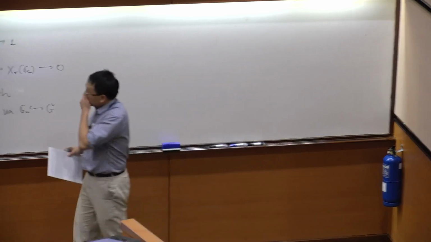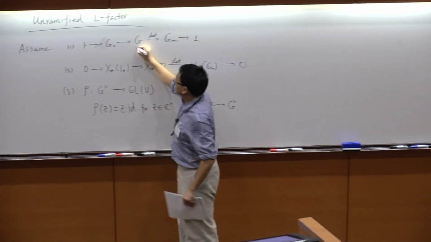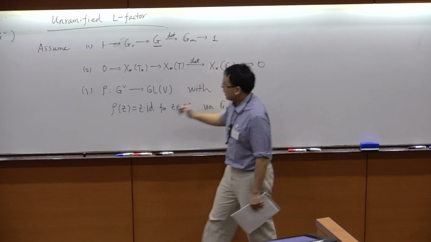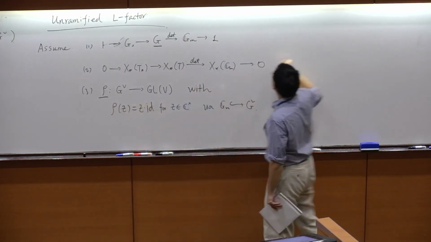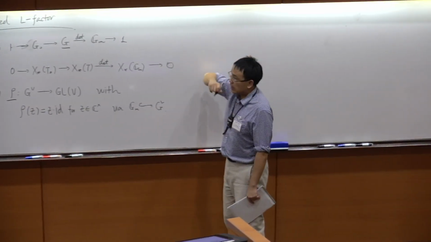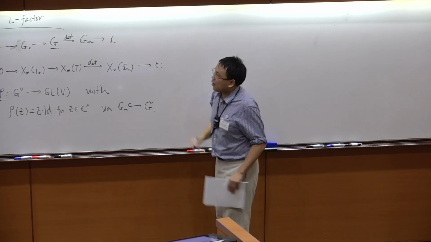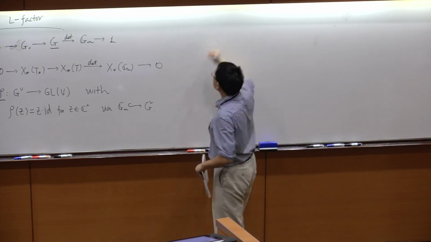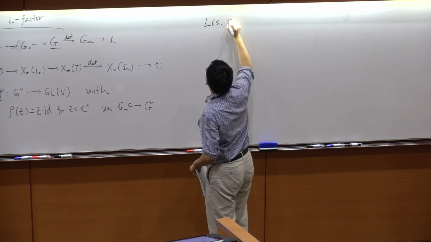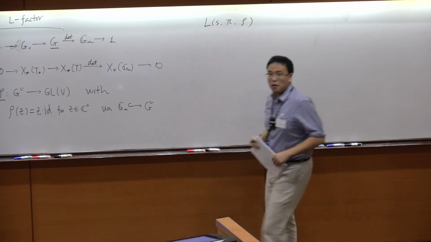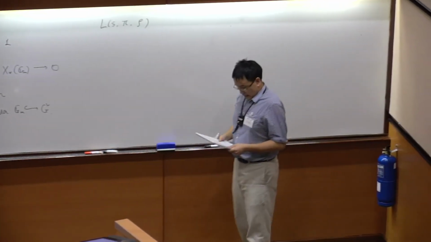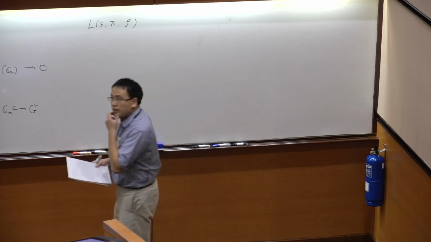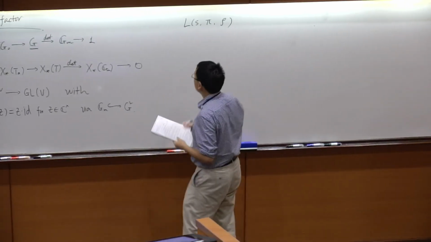Okay. So now I have a G here. I'm going to stick with this G and this rho. And also, again assume the pi is the unramified representation for the G. So the goal is to study this unramified L function. And the point is we are trying to define the basic function.